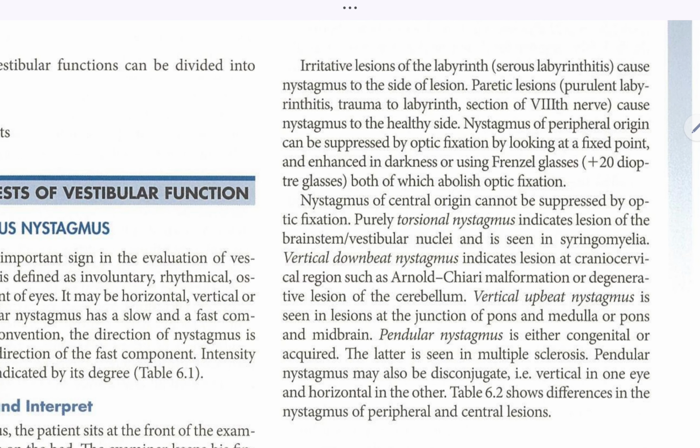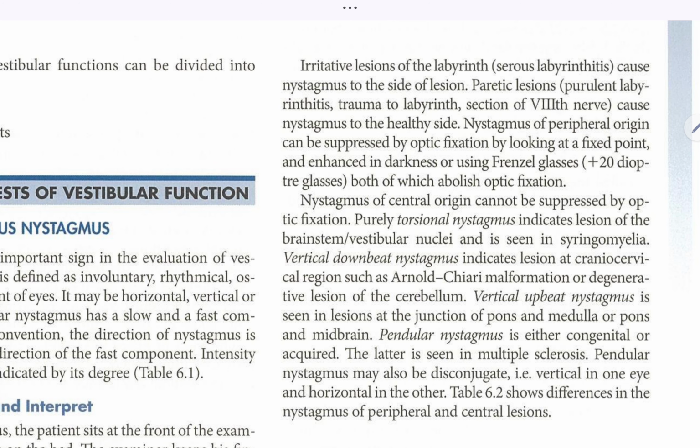Irritative lesion of the labyrinth, serous labyrinthitis, causes nystagmus to the side of the lesion. Paretic lesions, purulent labyrinthitis, trauma to labyrinth, section of eighth nerve cause nystagmus to the healthy side.